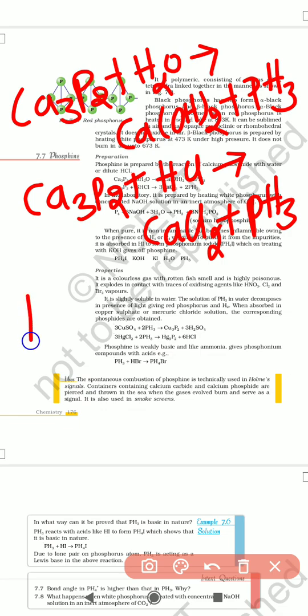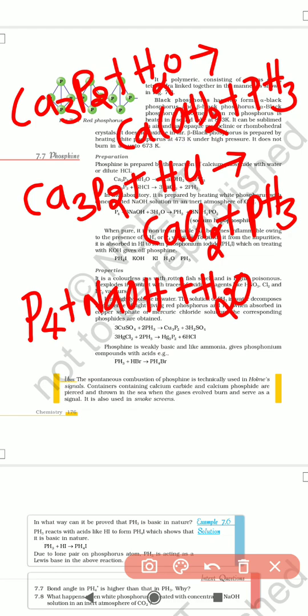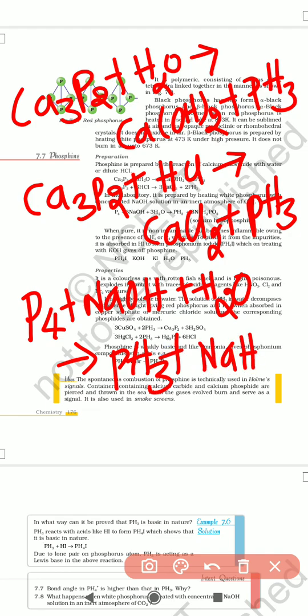Another method: white phosphorus reacts with sodium hydroxide and water to give phosphine, PH3, plus sodium hypophosphite, NaH2PO2.